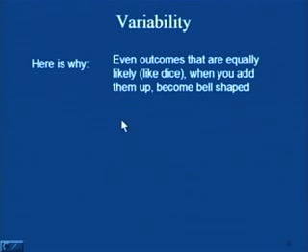When I said that most outcomes tend to be bell shaped, this means even outcomes that are equally likely, like a dice, become bell shaped when you add them up. A dice has 6 faces: 1, 2, 3, 4, 5, 6, and if you throw the dice, the probability of a particular face coming is 1 by 6.